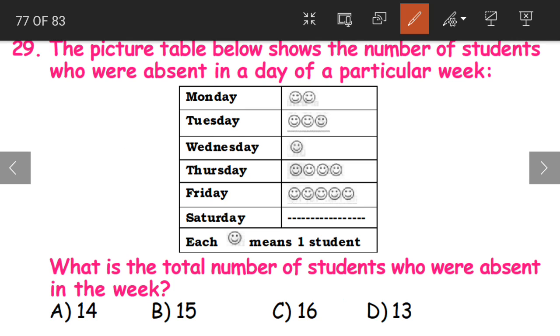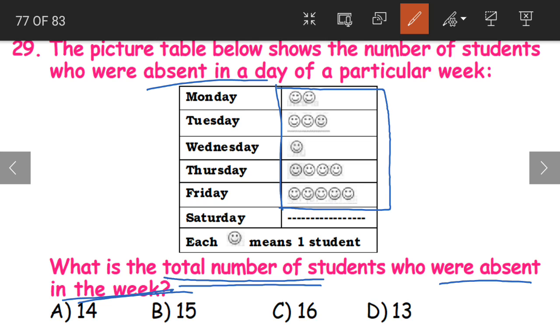Question 29. The picture table below shows the number of students who were absent on each day of a particular week. What is the total number of students who were absent in the week? That means we have to count the total number of absentees. 1, 2, 3, 4, 5, 6, 7, 8, 9, 10, 11, 12, 13, 14, 15.